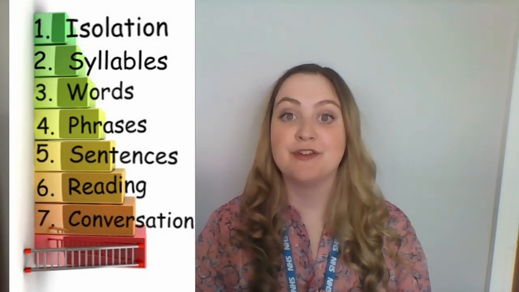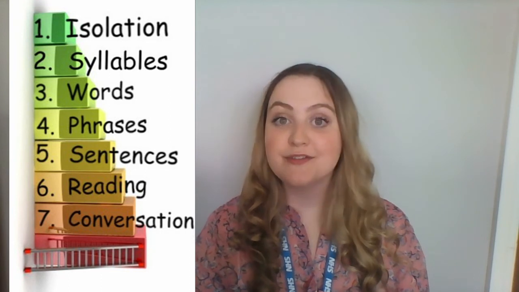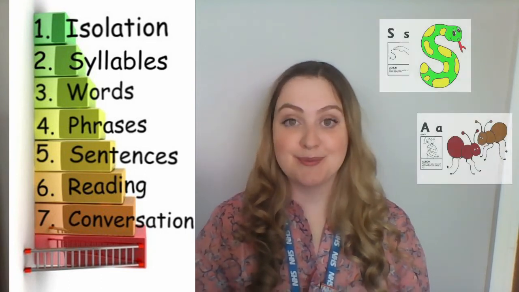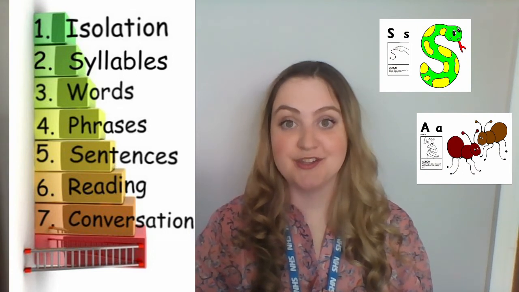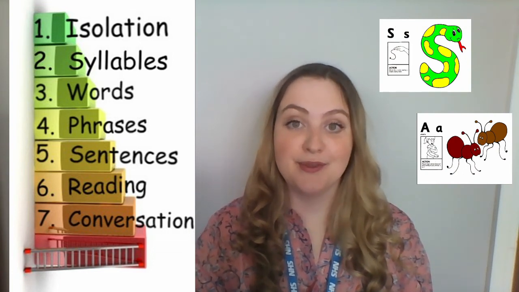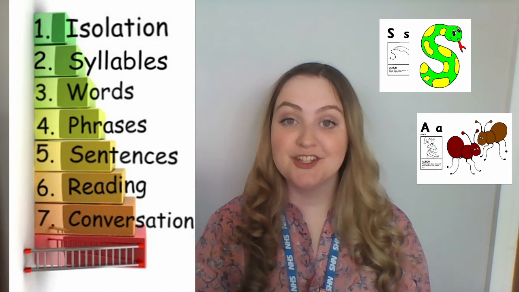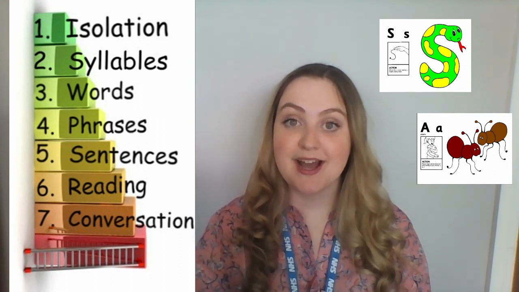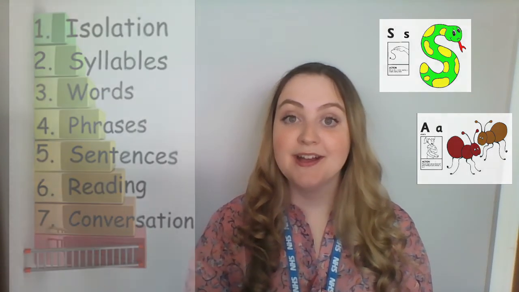Once they're able to say it on its own, then we move up a step and get them to say it with a vowel sound. There are lots of different vowel sounds, not just A, E, I, O and U. So the speech and language therapist will use picture cards to show your child which sound they want them to make. As you can see, there are lots of steps that we have to take in speech therapy to make sure the child can say it in conversation.